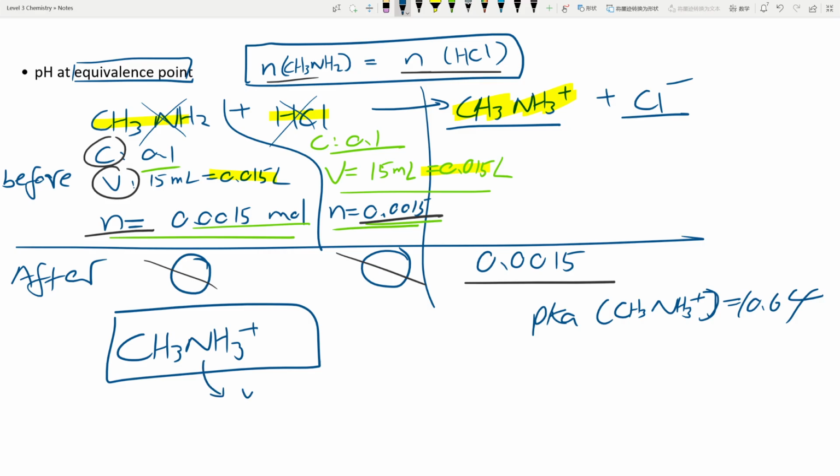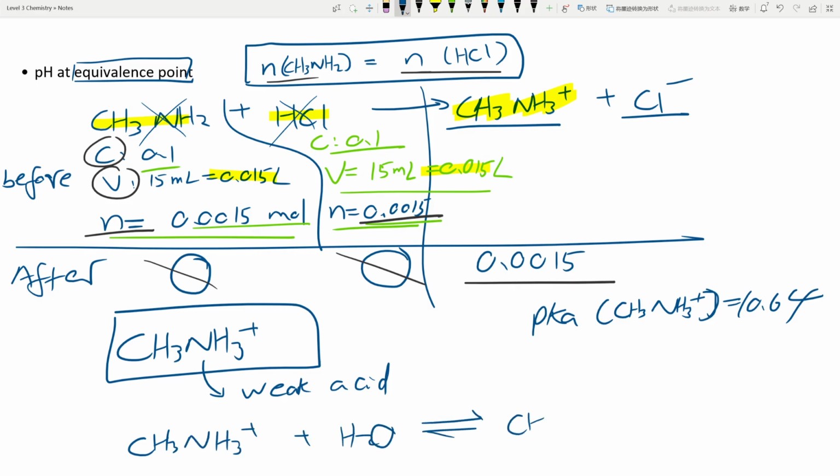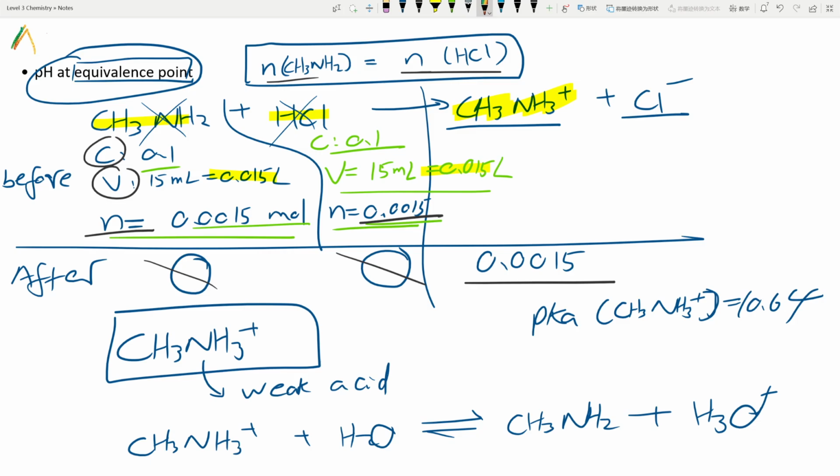So this is a weak acid. And what do weak acids do when they are just on their own in a solution like this? They are going to partially dissociate. So the pH at equivalence point, and I'm going to write this in a very rainbowy color because everyone loves rainbows, remember, this is never going to be 7.